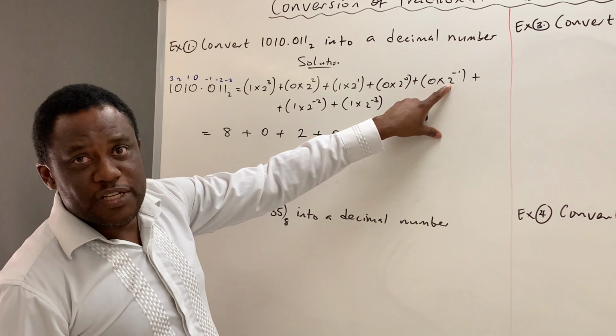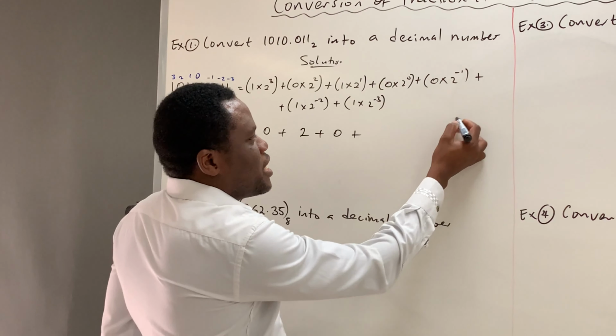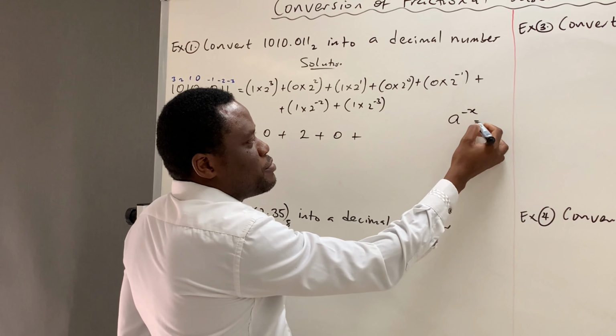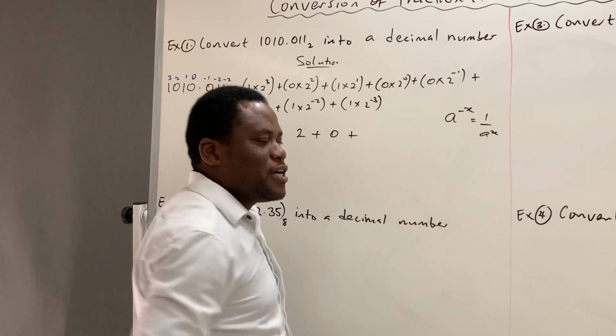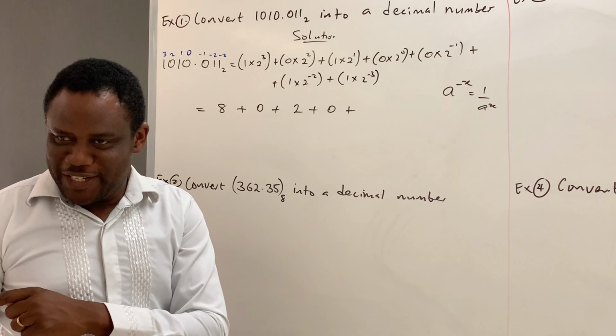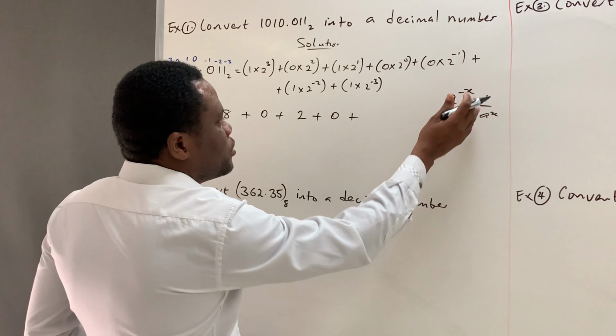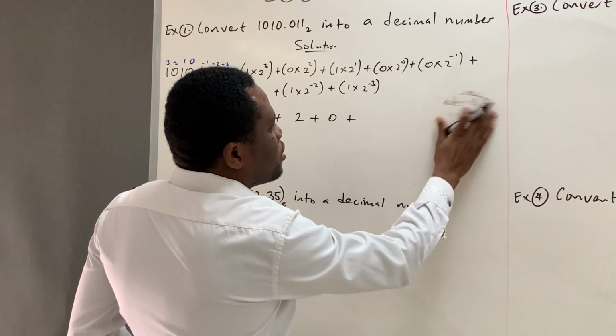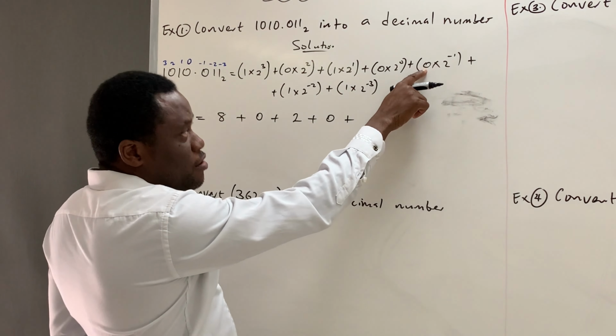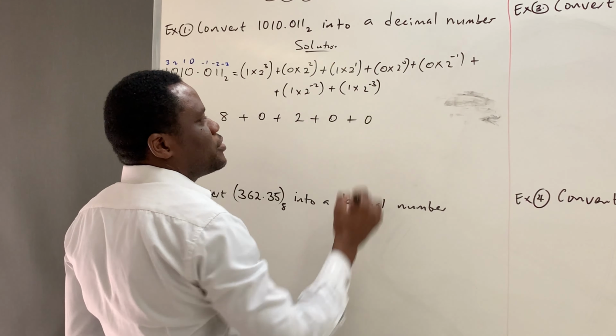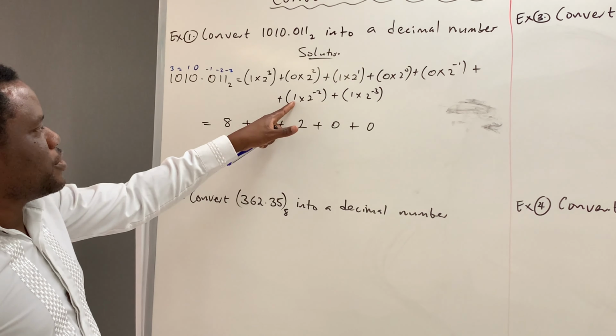Next, now this is the law of indices. Remember the law that says a to the power of minus x becomes 1 over a to the power of x, right? If you missed it, check it out. Mathematics is validation. So this is 0, so everything here is 0, obviously. But this one will not be 0, because this is 1.